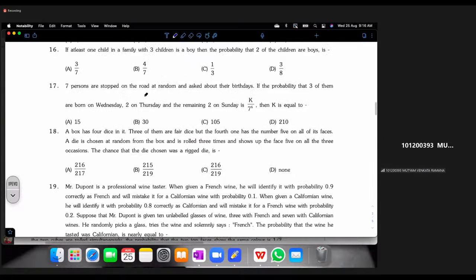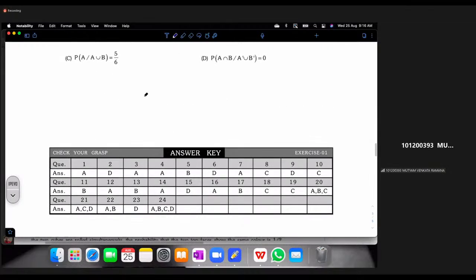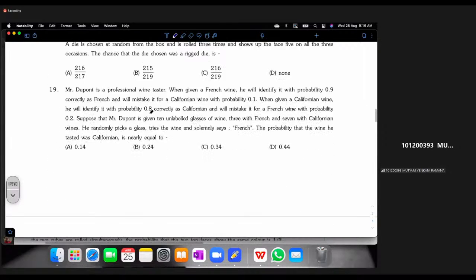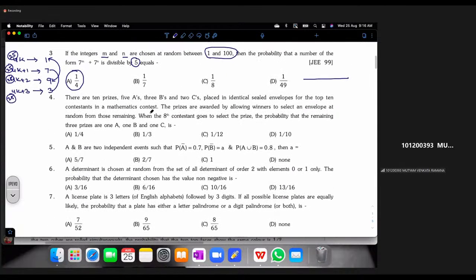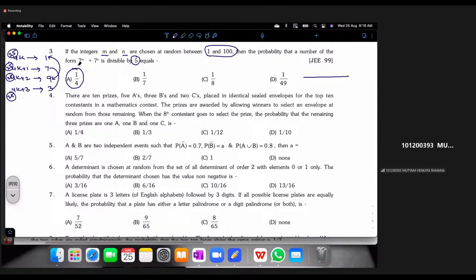Third question. Is my guesswork correct? Third question, answer is A. So what I have done here, I didn't go for anything, I just went for m. I choose all the numbers from 100, any number I choose, one way. So when I'm choosing one way, the 7 power n may end with this one, or this one, or this one, or this one.